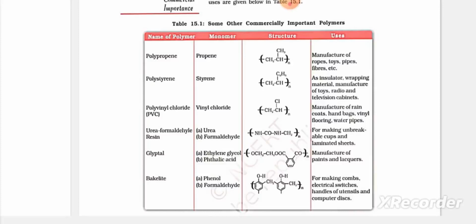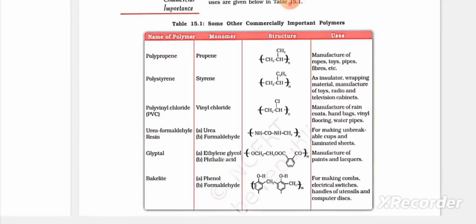Use is in manufacture of ropes, toys, pipes, fibres, etc. Second polymer is polystyrene. Monomeric unit is styrene. Use as an insulator, wrapping material, and in manufacturing of toys, radio and television cabinets. Polyvinyl chloride, PVC. Monomeric unit is vinyl chloride. Use is in manufacturing of raincoats, handbags, water pipes, etc.